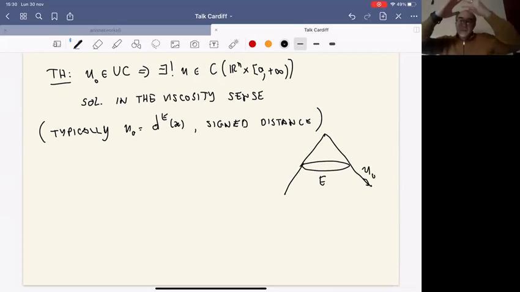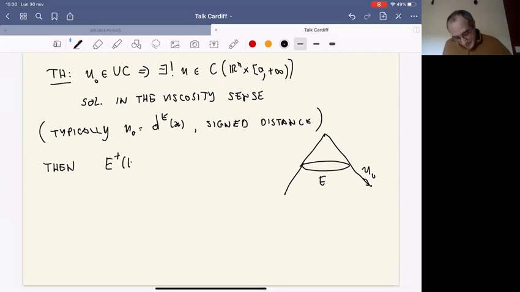So I pick a function for which the zero level set is E, and then I can define E plus of t as u greater or equal than 0, my solution, and E minus of t as u greater than 0.